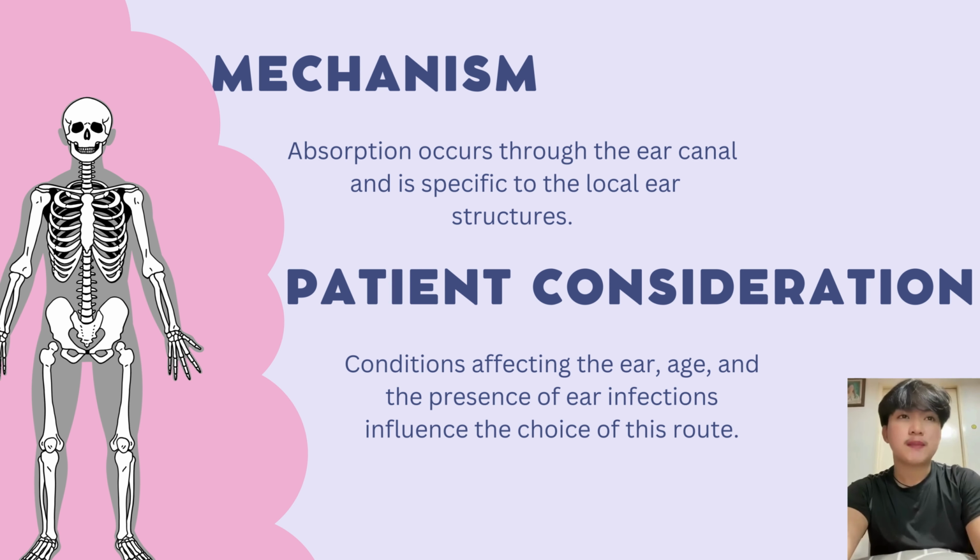So, for the patient consideration, we need to consider if the patient has an eye disease or eye infection. Also, we need to consider the patient's age and the mind of the patient, if the patient totally agrees with the specific route of this medication.